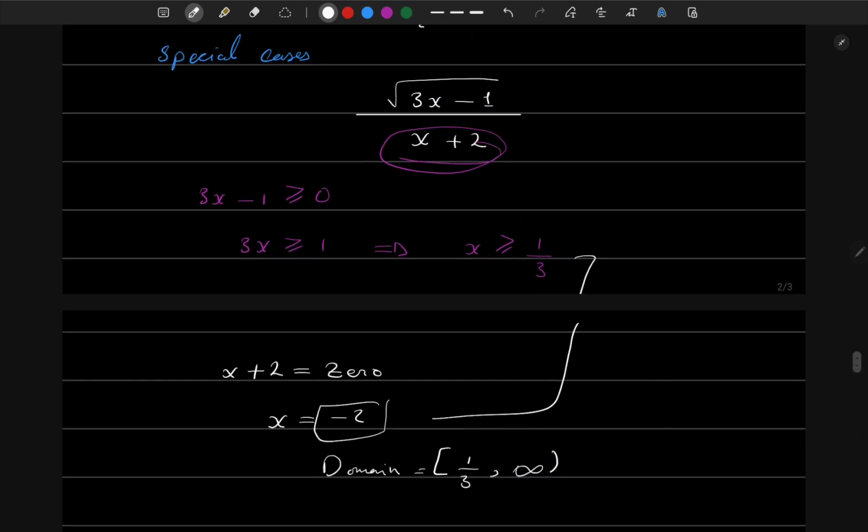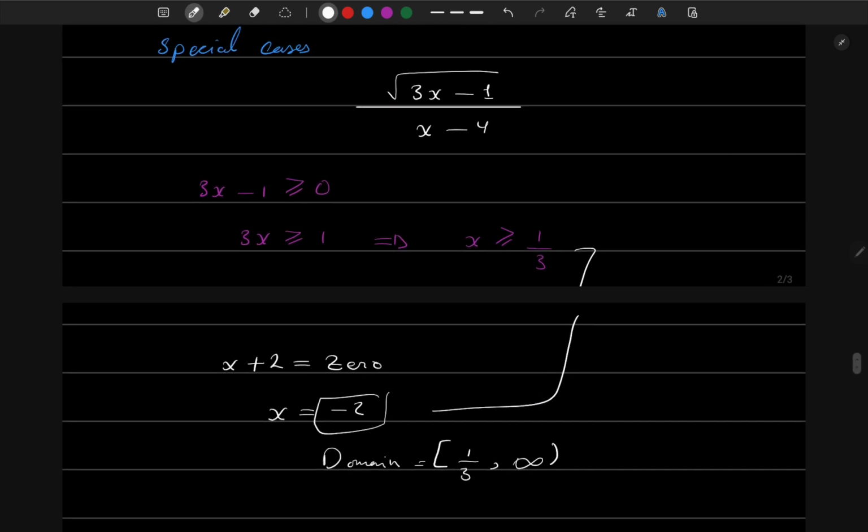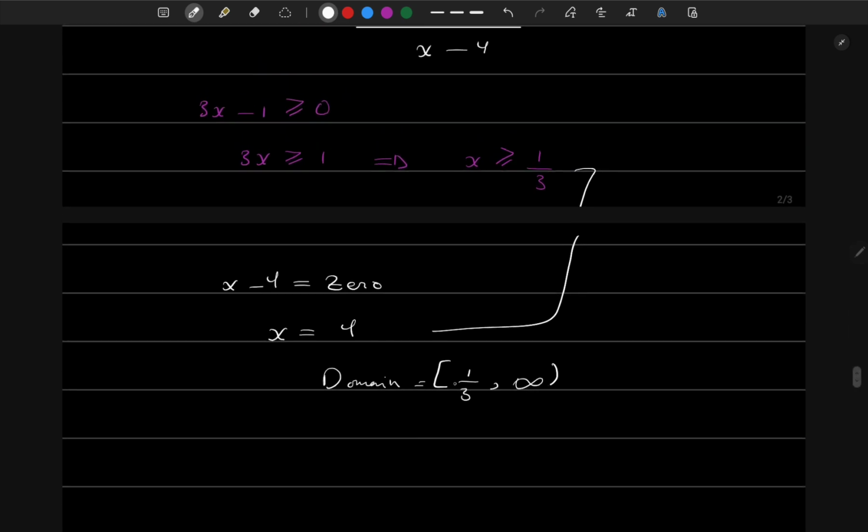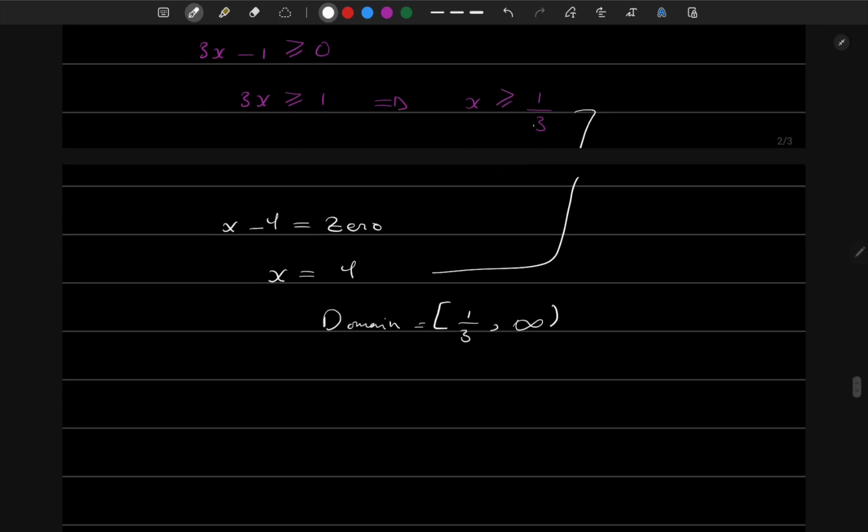But okay, let's change it. Let's say that here it's x minus 4. So x minus 4 equals 0, so x equals 4. 4 is greater than 1 over 3, so all I have to do is take 4 out of this domain.